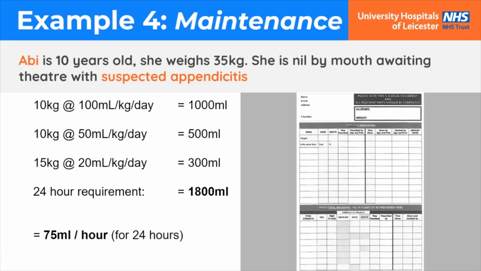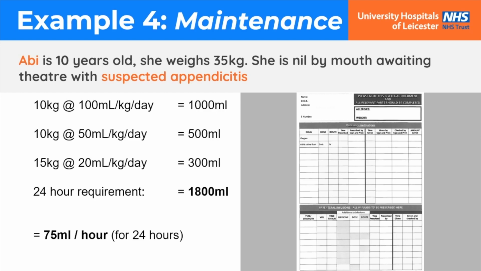So in this example, Abby is 10 years old, she weighs 35 kilos, and she's been put nil by mouth while she waits for theatre with suspected appendicitis, so she needs fluid maintenance. The first 10 kilos at 100 ml per kilo per day generates 1,000 ml. The second 10 kilos at 50 ml per kilo per day generates 500 ml.